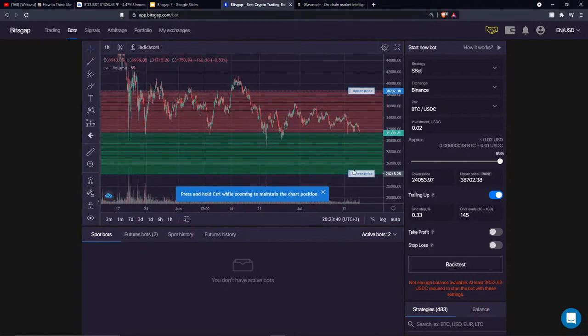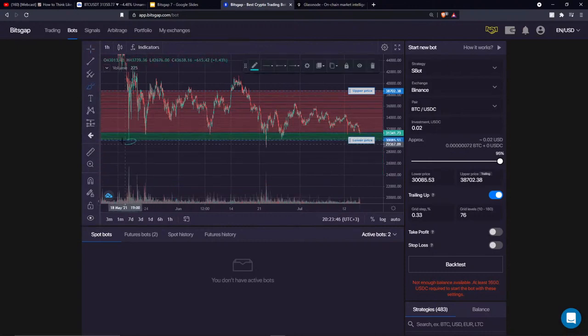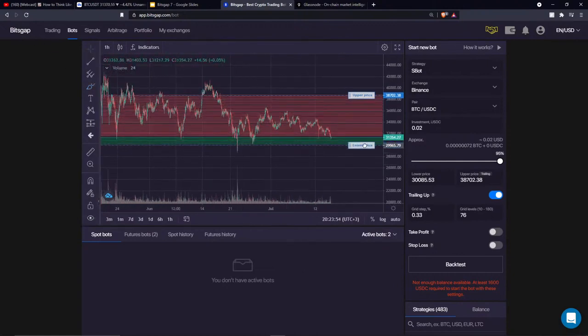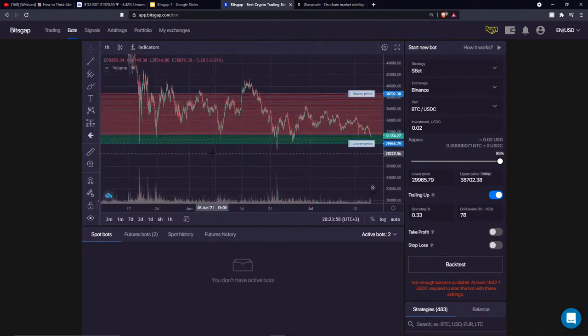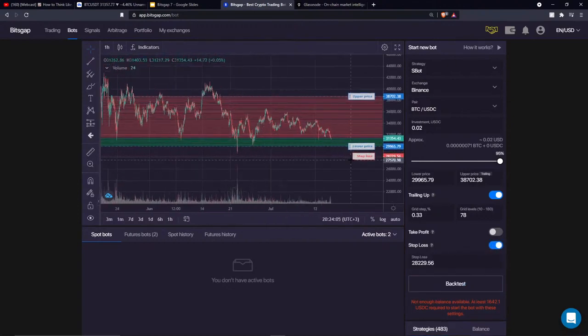I would set my lower price around this area. I just look at the previous price action points, and this is the bottom that I would set, and the stop loss I would put somewhere below this area, maybe even a bit higher.